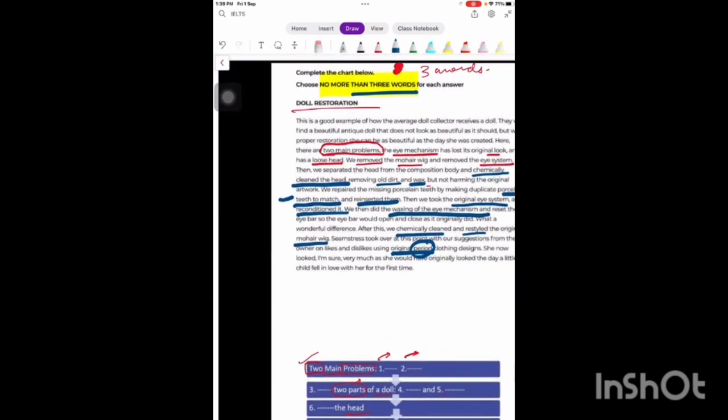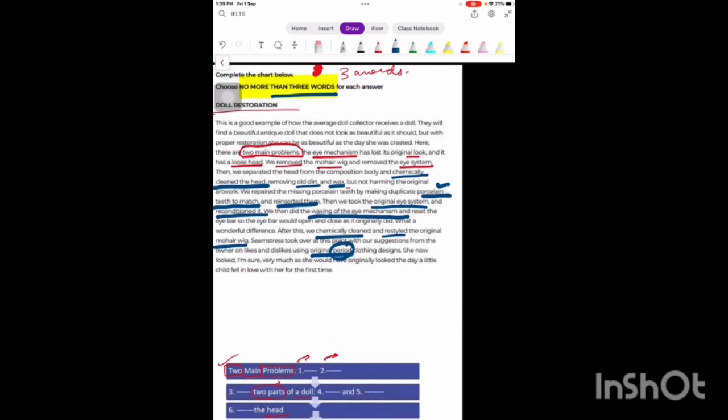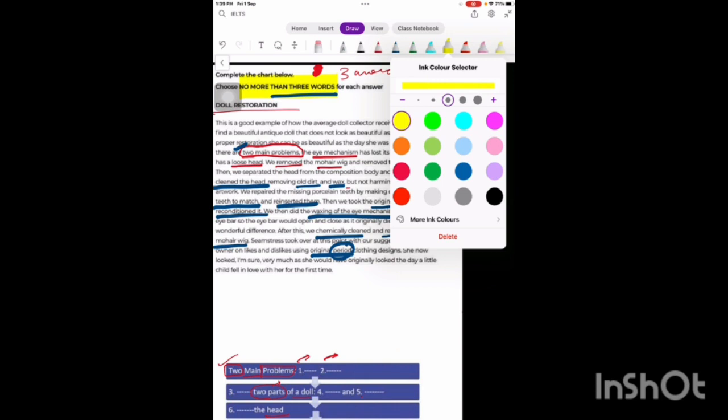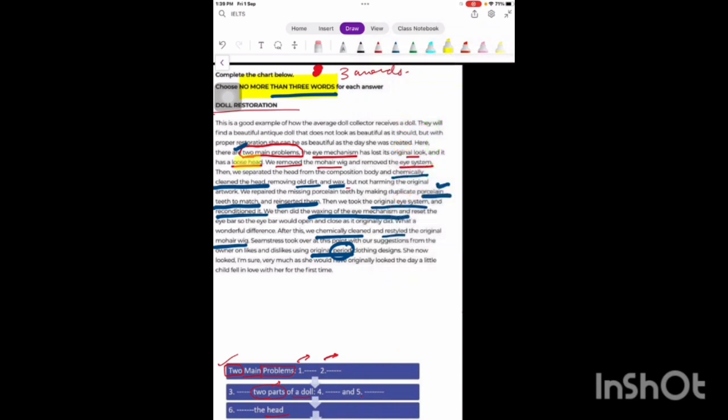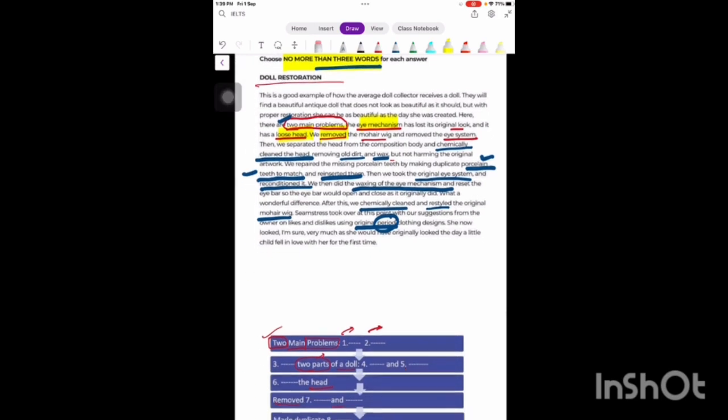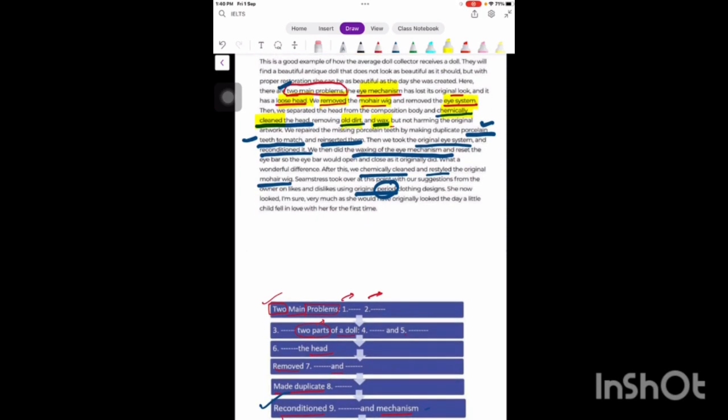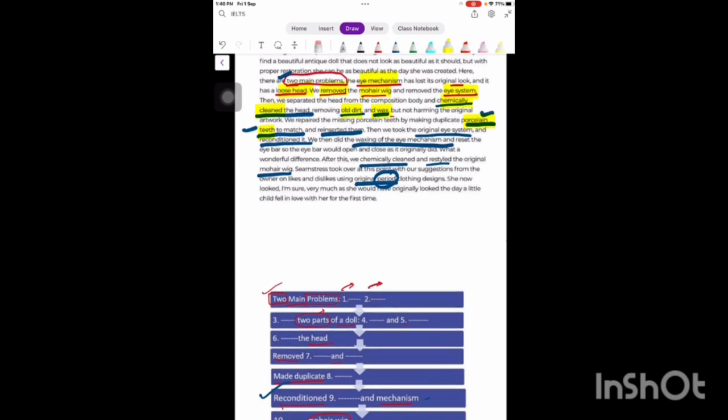One thing you should observe is that starting from here, every answer was found in the next line itself. Two main problems were loose head and eye mechanism. Remove the mohair wig and eye system. Then clean the head, chemically clean the head. Then remove the old dirt and wax. Made duplicate porcelain teeth.